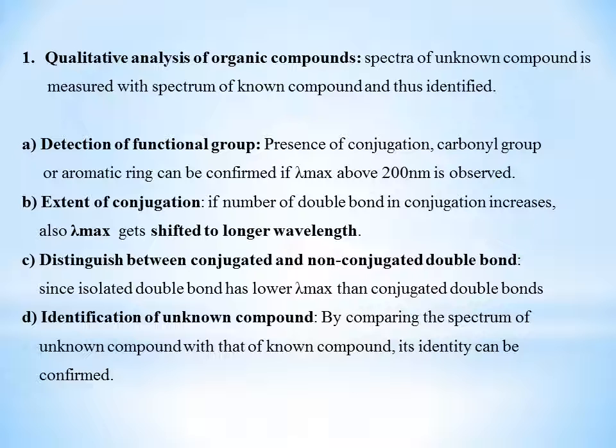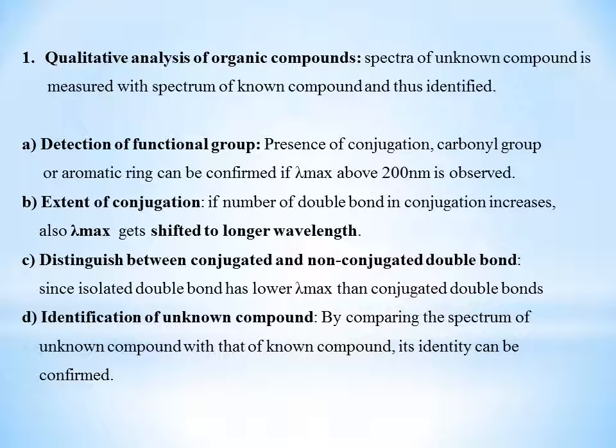Then the second is the extent of conjugation. If the number of double bonds is more than one, they can be in conjugation or they can't be in conjugation. But if their lambda max is shifted to a longer wavelength, then we can say that the double bonds are in conjugation, because conjugation increases the lambda max towards longer wavelength.